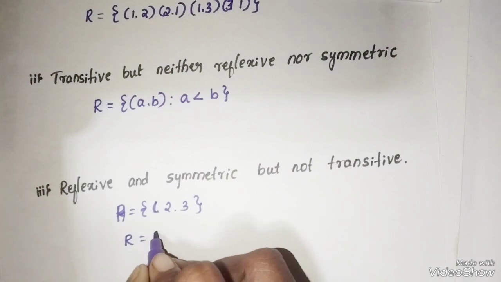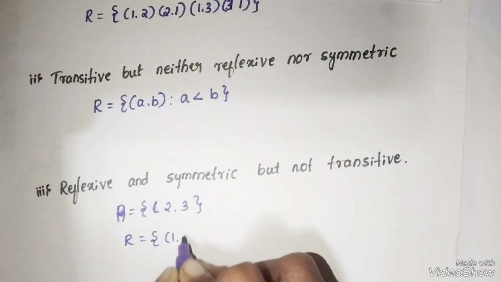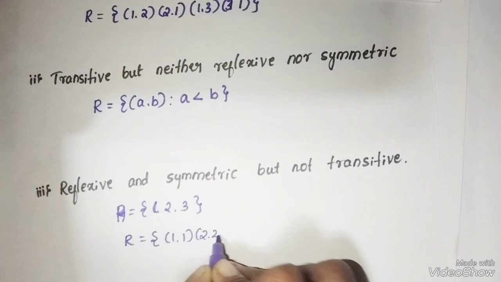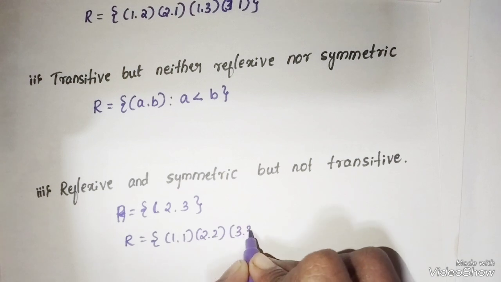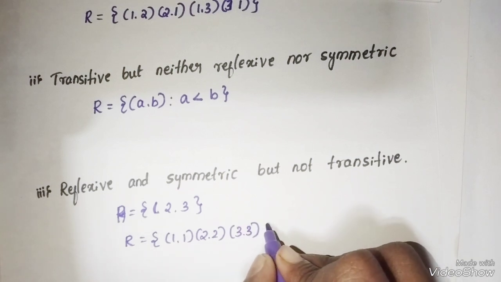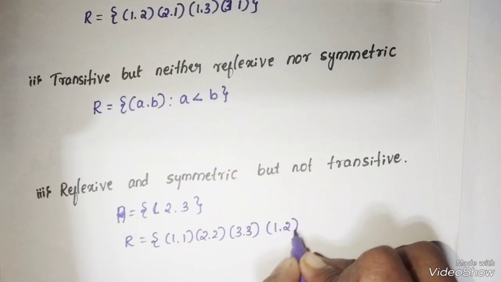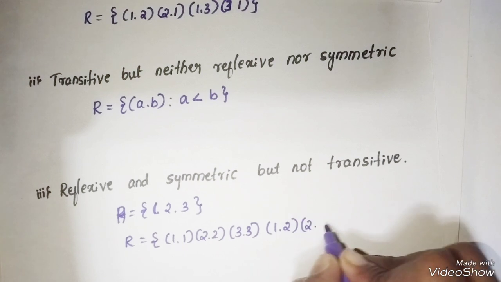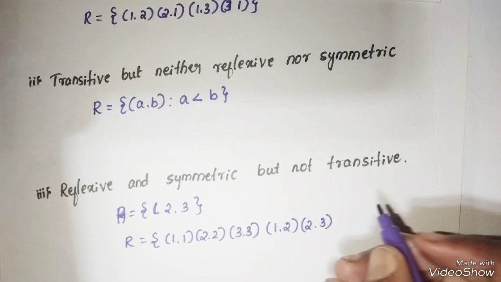Here we have to consider (1, 1), (2, 2), (3, 3), and (1, 2) and (2, 3).